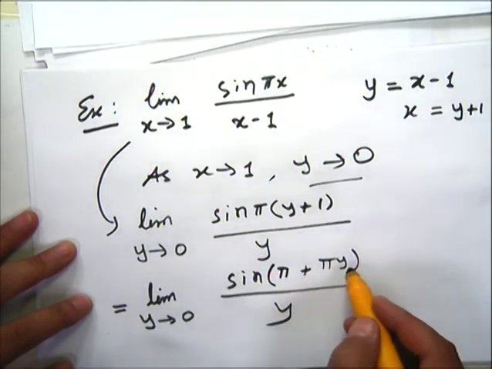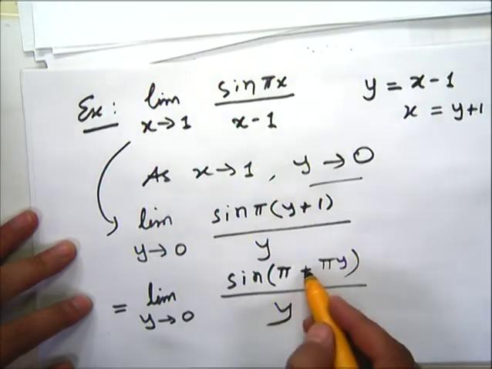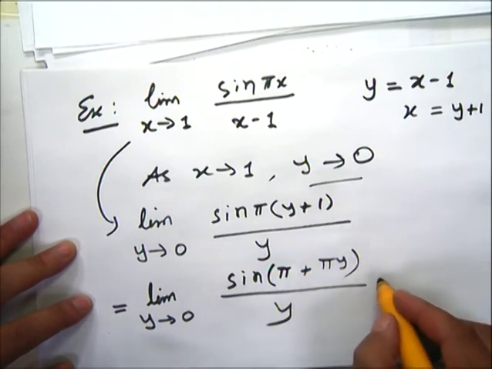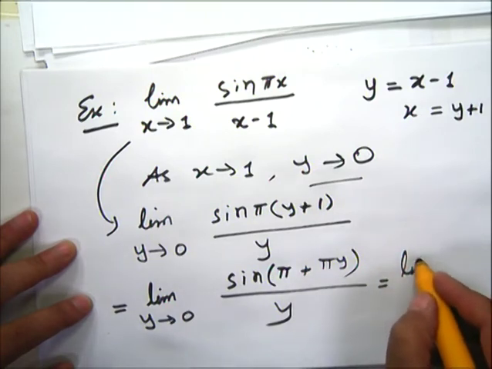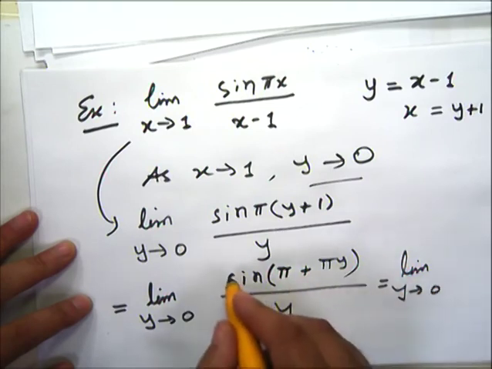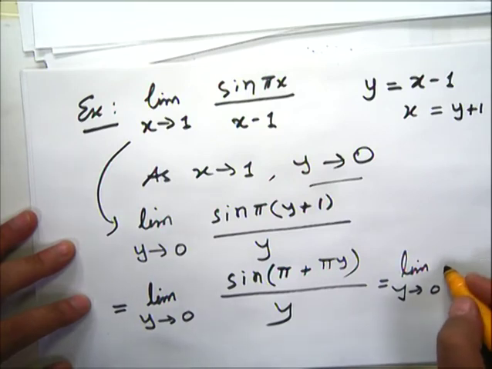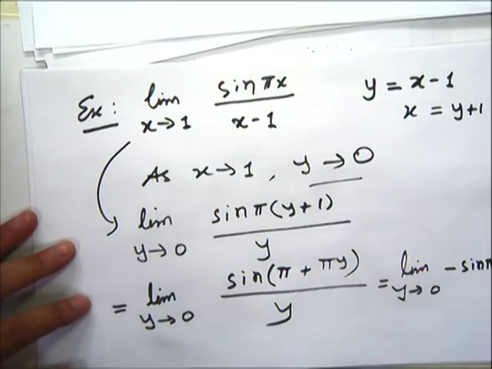Now this is pi plus pi y, which means pi plus something is in the third quadrant, and in the third quadrant sine is negative. Okay. And what will we write? Minus sin pi y. Okay. And here we have only y.